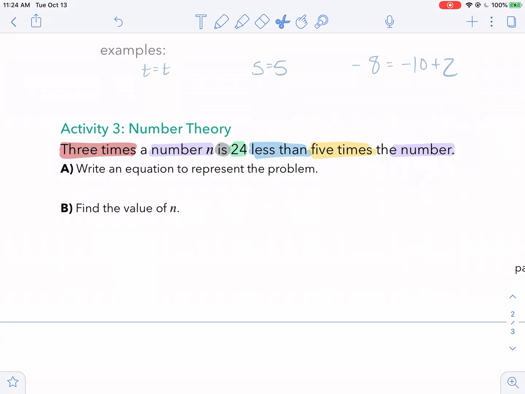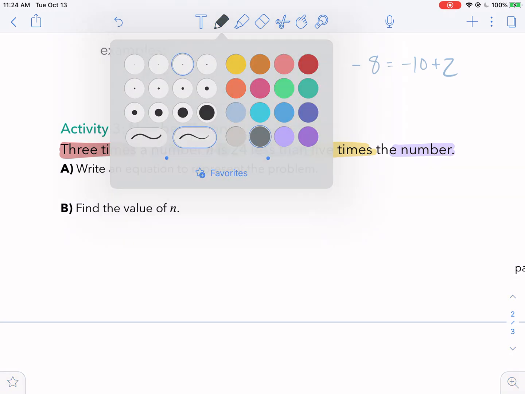We're going to write an equation to represent the problem. And in doing so, we're going to translate each of those parts into math.